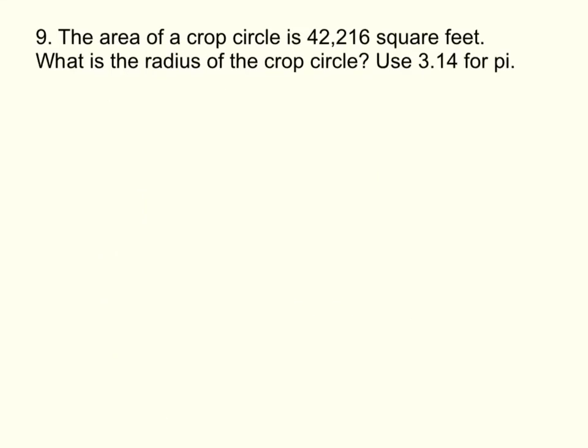Example number 9. The area of a crop circle is 42,216 square feet. What is the radius of the crop circle? First off, this is just a simple area problem. We know it's a circle, and the formula for the area of a circle, which you should know from 6th or 7th grade, is A equals pi r squared.